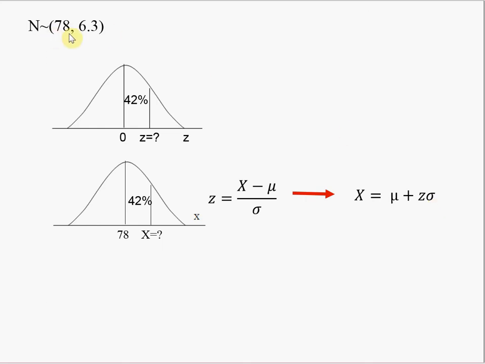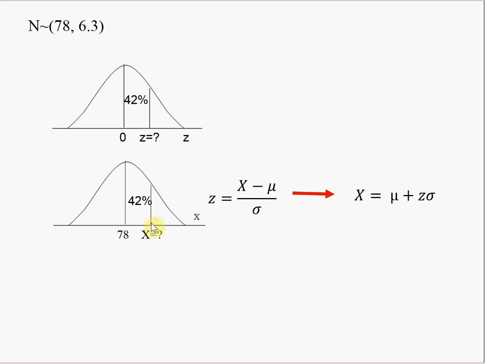We know the mean, we know the standard deviation. All we need to know within this equation is the corresponding z-score. What z-score corresponds to this value of x?